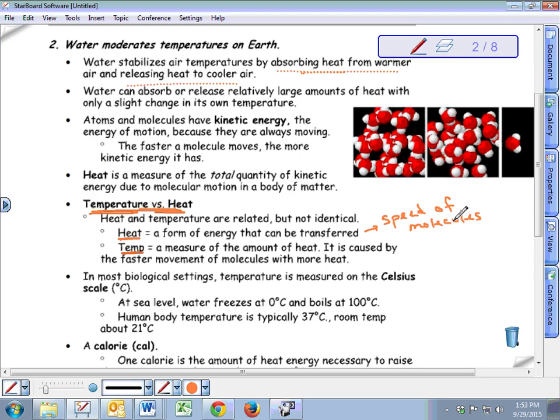Because it takes a lot of energy to break those bonds to begin with, until you get them to start coming loose and moving around on their own, they take in heat and take in heat and take in heat, and the temperature hardly goes up because most of the heat is being used to break the bonds, not actually make the molecules move around.